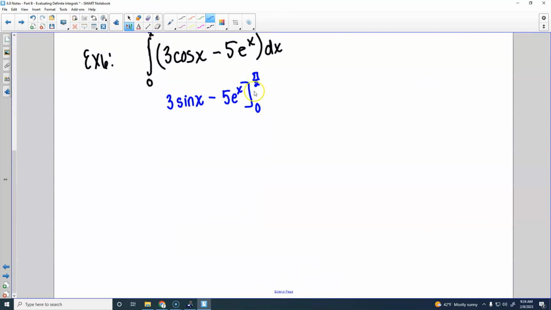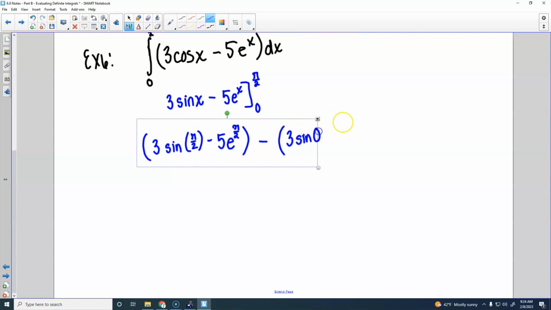So when we're evaluating this, we're going to have 3 sine of pi over 2 minus 5e to the pi over 2, minus, and then we're going to plug in the 0. 3 sine 0 minus 5e to the 0.